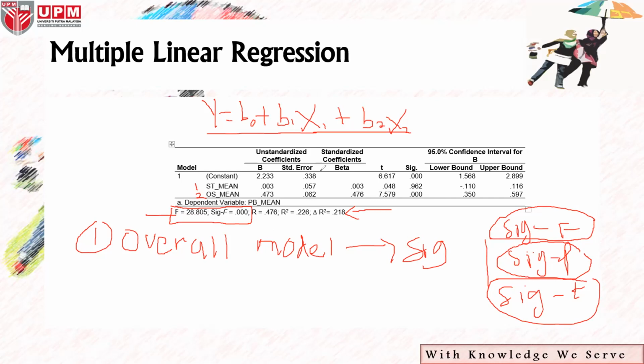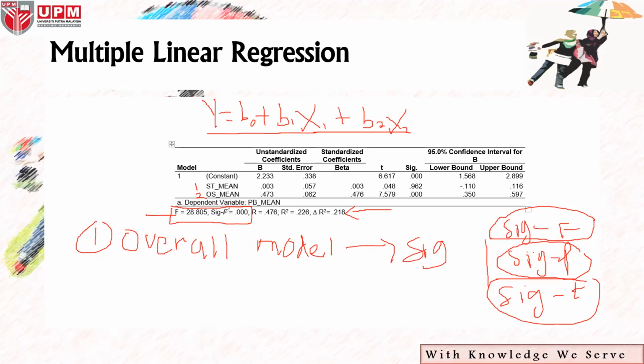Okay, now, we want to know either our overall model is significant or not. Okay, kita nak tahu model keseluruhan regression kita ni significant ke tak? Okay, we refer to the F value and significant F. So the rule of thumb similar. If the significant value here is lesser than alpha, therefore the model is significant.